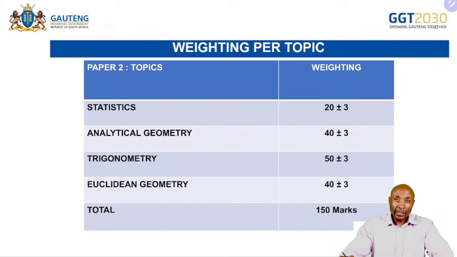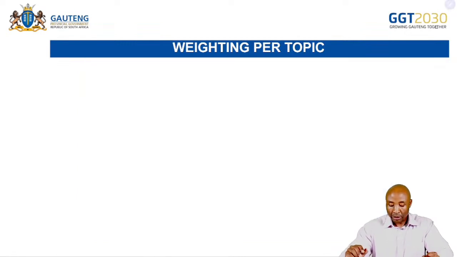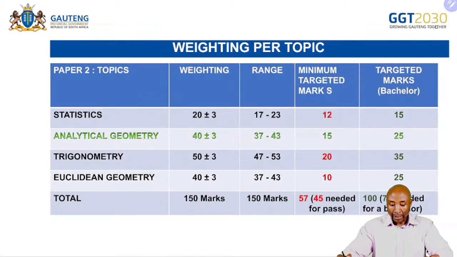Now, I'll just go through the topics for paper 2. You are aware that it's statistics, which contributes about 20 marks, analytical geometry 40 marks, trigonometry 50 marks, and Euclidean geometry 40 marks, and the total will be 150 marks. But today we'll be focusing mainly on the 40 marks of analytical geometry. Now, we are aware that for us to pass, we must target our topics accordingly so that we get the marks that we need.